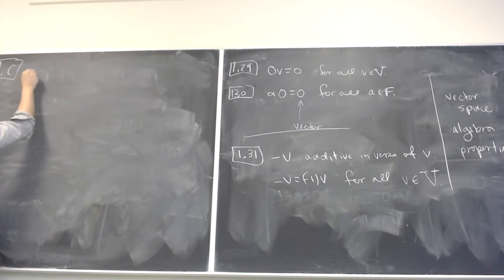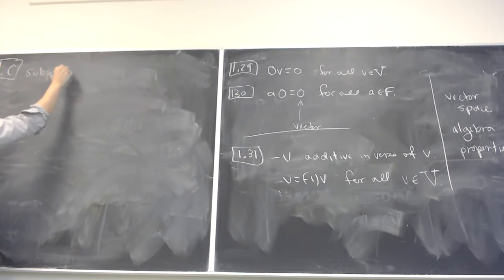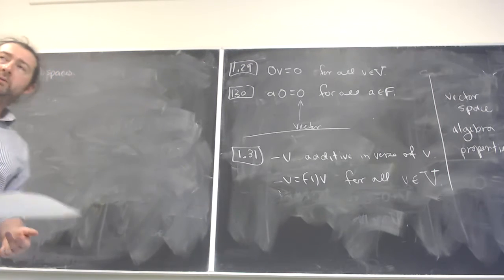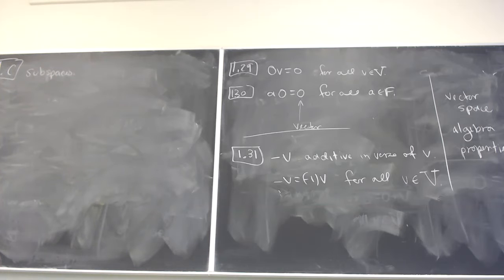So we're going to do the first part of 1C, which is about subspaces. And it's going to be easier for me to give you the definition than show you examples of what I mean by that. So here's a definition.